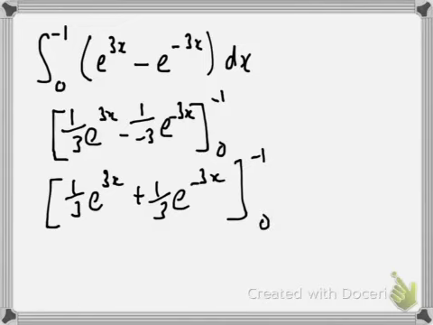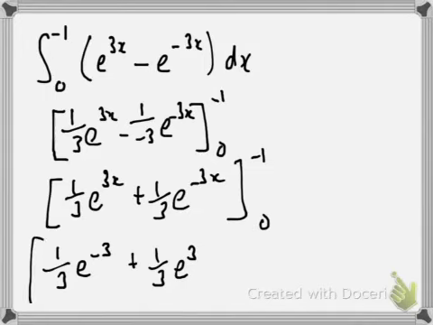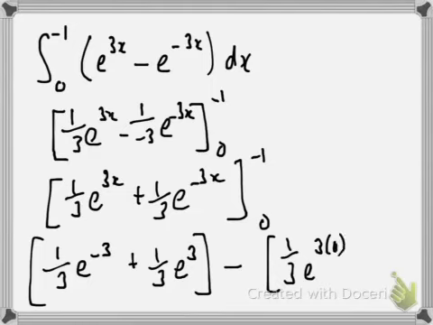Place in our terminals now, we get 1/3 e to the power of negative 3, 3 times neg 1 is neg 3, plus 1/3 e to the power of 3, neg 3 times neg 1 is positive 3, minus, always subtract, remember, 1/3 e to the power of 3 times 0, plus 1/3 e to the power of negative 3 times 0.